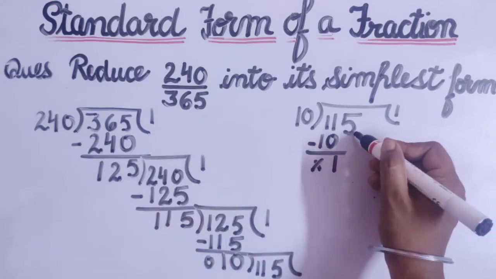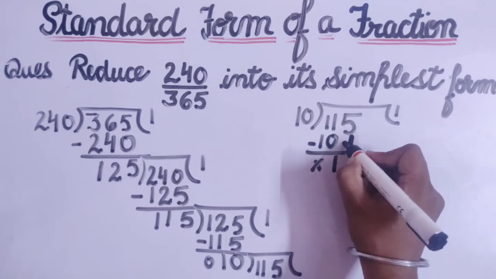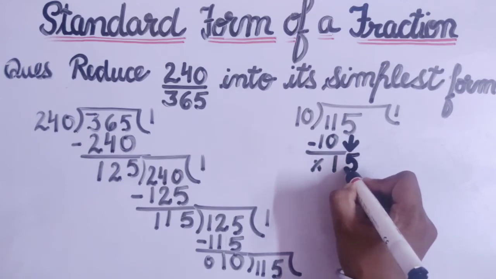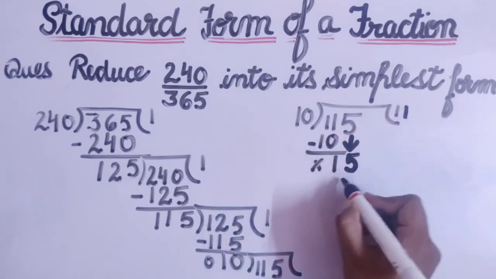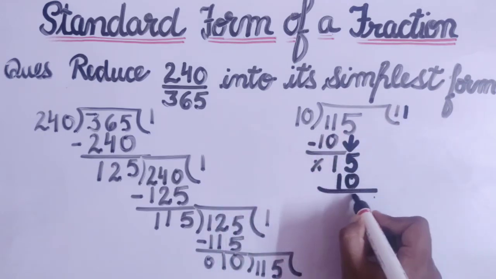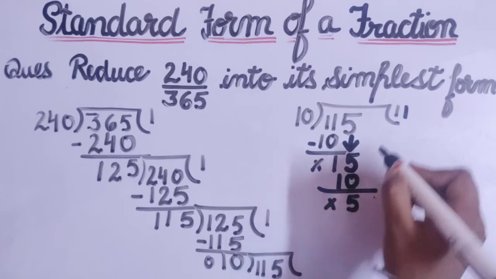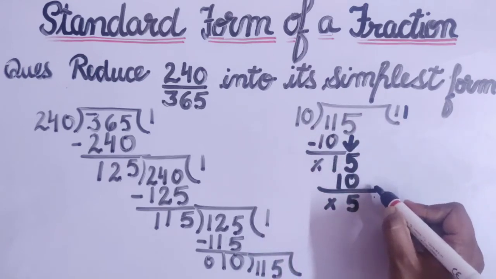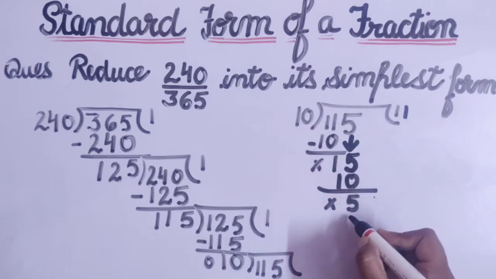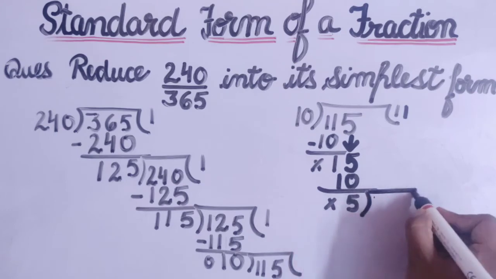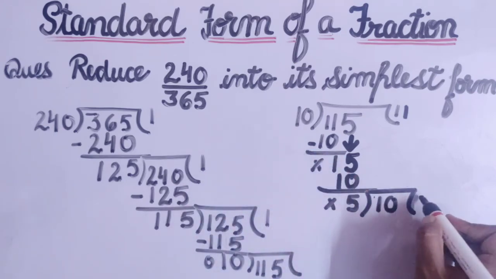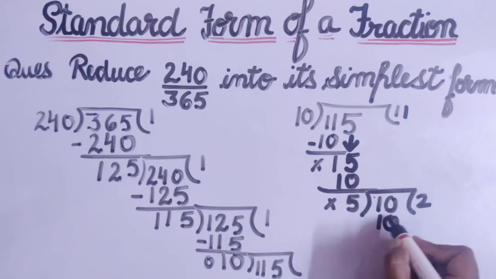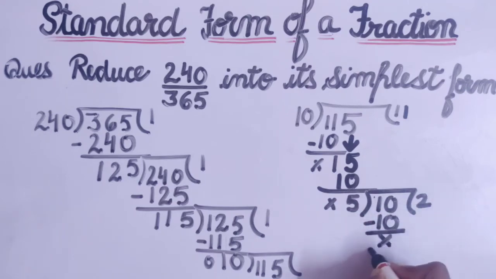Here 5 is there to carry down. So first of all we will carry down 5. Now once again we will divide. 10 ones are 10. Now remainder is 5. Now is something there to carry down? No. In that case the remainder will become divisor and this divisor will become dividend. So 5 twos are 10. Now remainder is 0. So we will stop here only.